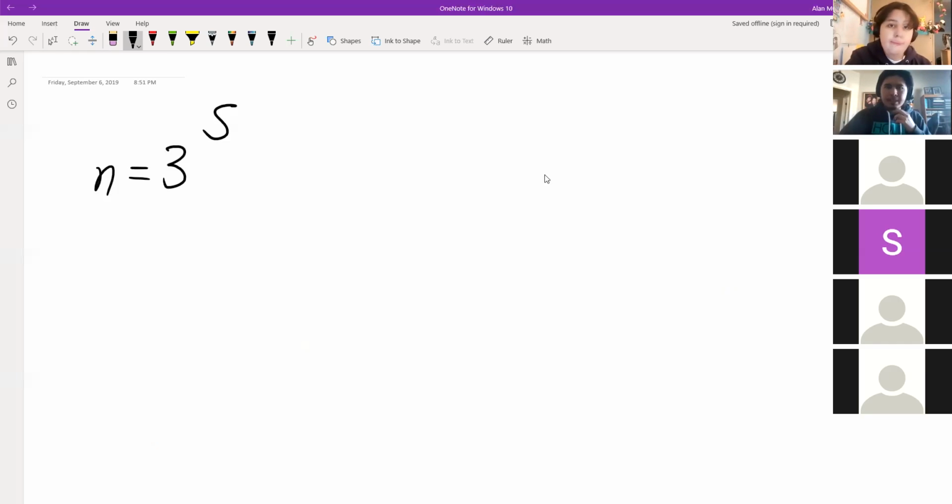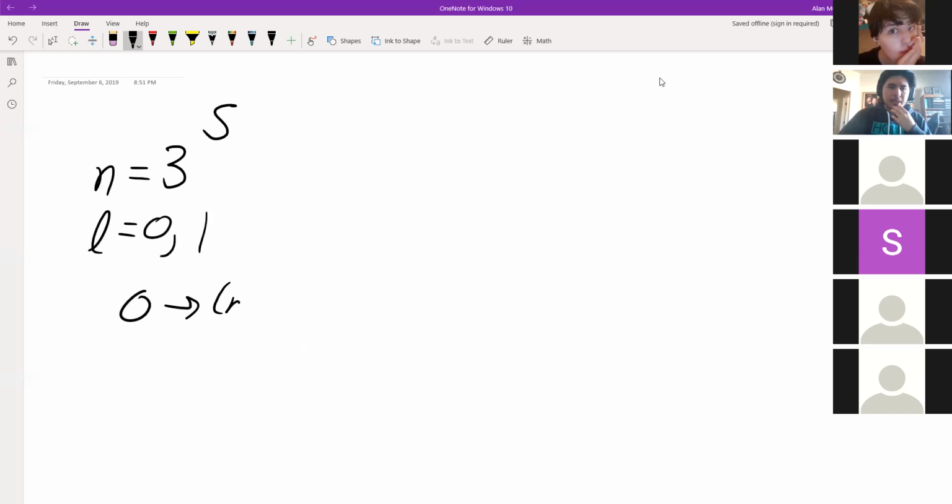So since it's in 3, what are the possible ranges for its L? Those are its possible values, but remember that L is from 0 all the way to n-1. So if we take our n, 3, minus 1, that gives us 2. So it ranges from 0 to 2. So we have 0, 1, and then 2, right?